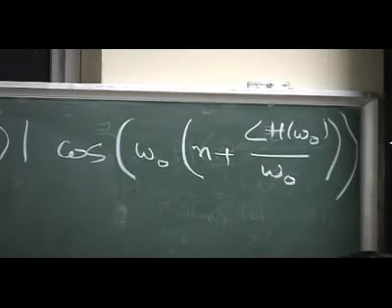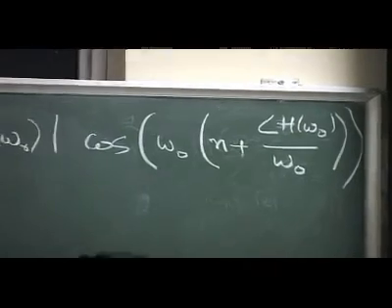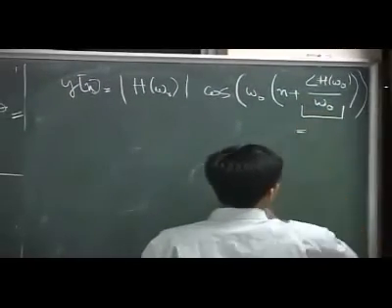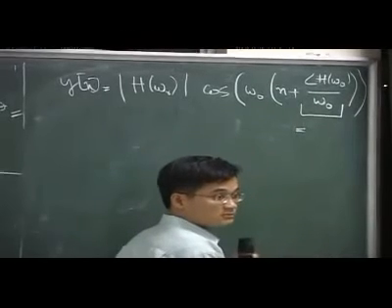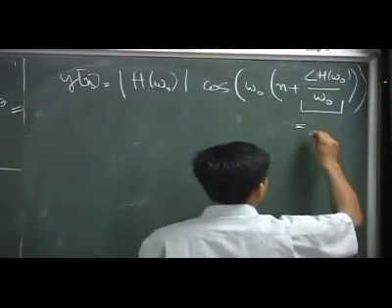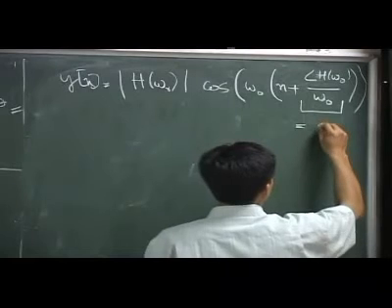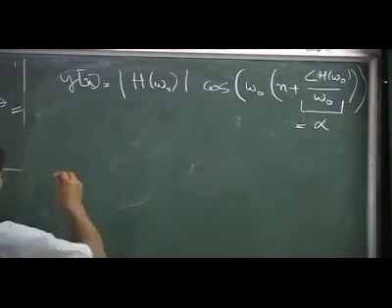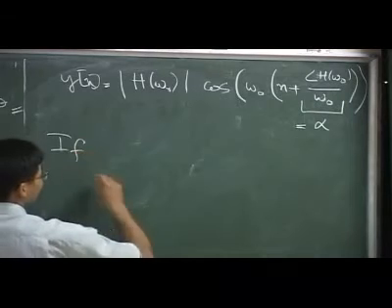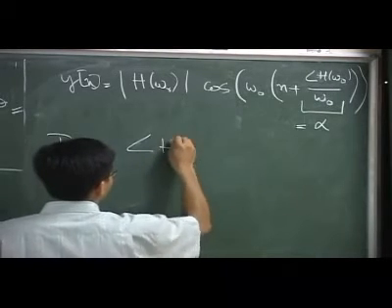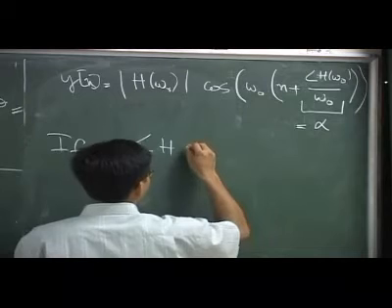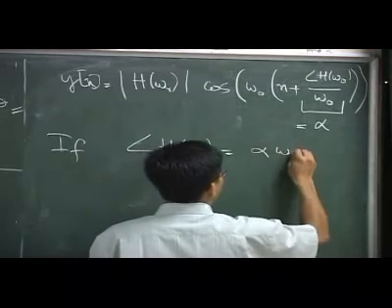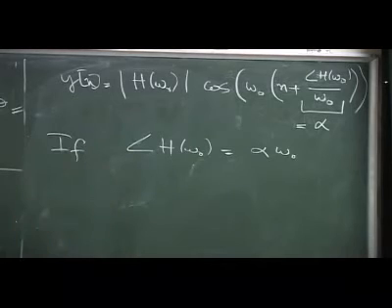Okay, right? Now if this thing here is equal to a constant, let's say constant alpha, for example, so if the phase of h of omega naught over omega naught is equal to alpha, then what happens?